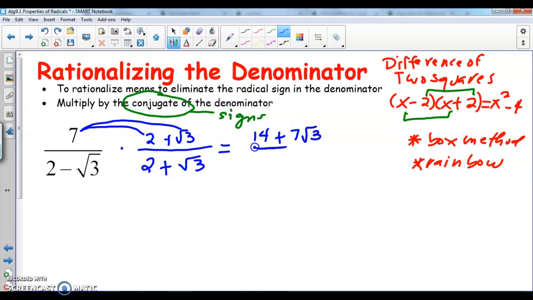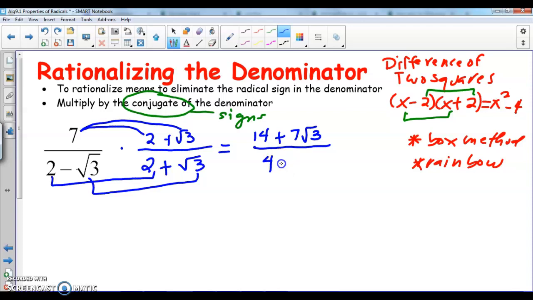Now let's go to the bottom. Okay, so we're going to use the difference of two squares pattern to simplify the bottom. Since they are the same, 2, radical 3, but one is negative and the other is positive, then we're just going to multiply the same expressions together. Alright, so what is 2 times 2? That's 4.